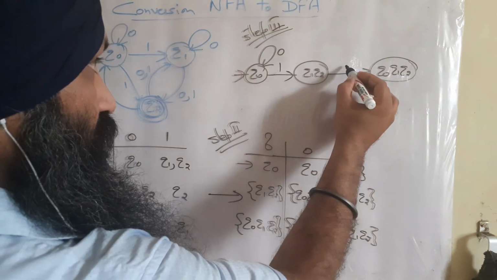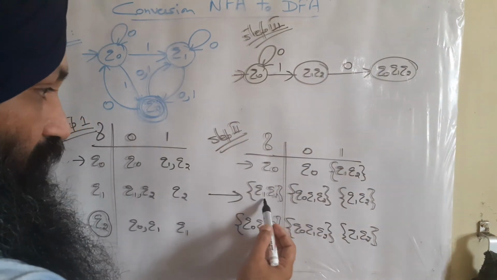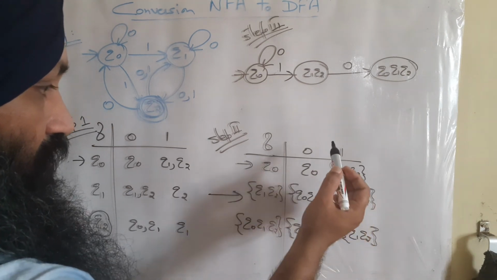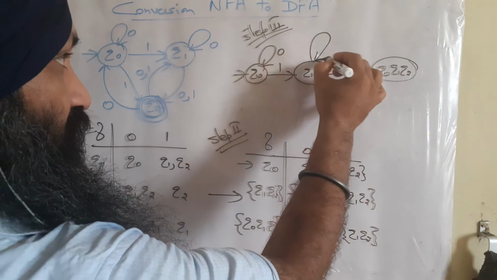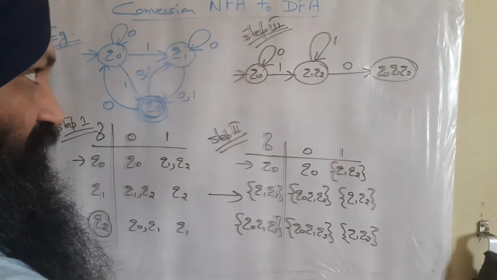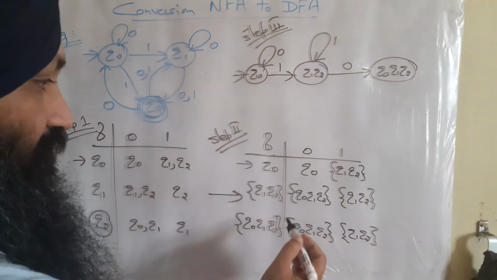With respect to 1, Q1 Q2 remains at the same state, so we are drawing a self loop here.